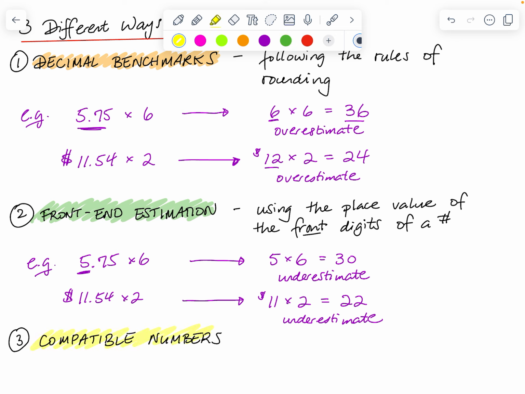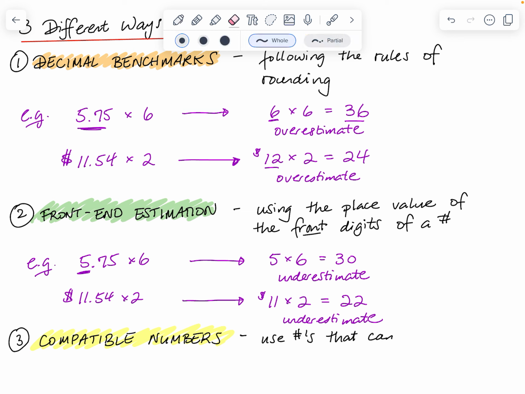Compatible numbers is basically you use numbers that you can deal with easily, that are friendly. Okay, I got the wrong setting there, that you can deal with easily. That's why it's compatible numbers.